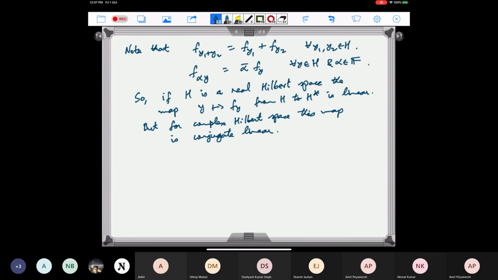Also, one other thing which is easy to see is that we can now make H star also into an inner product space, so it is also a Hilbert space. If we define, let's write f sub y1 and f sub y2.